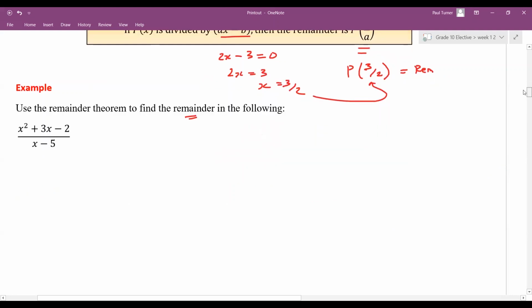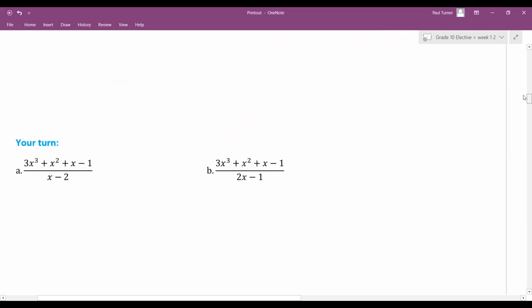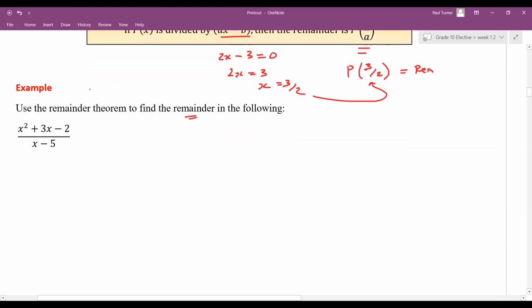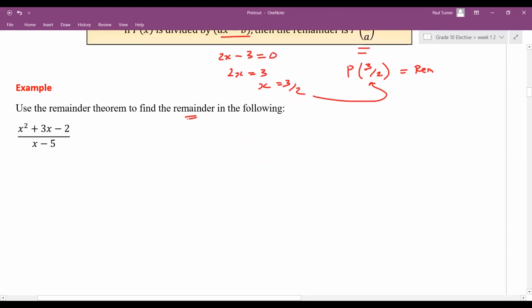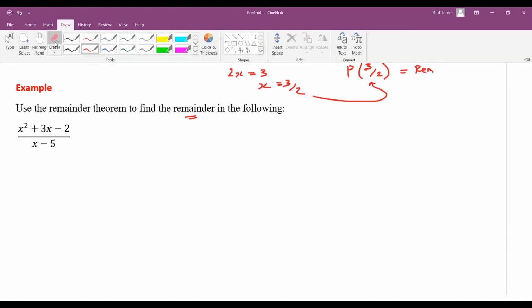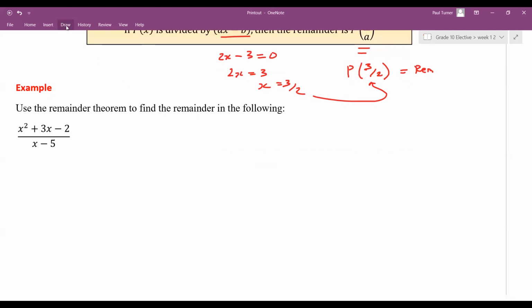So I'll do the first example, then you can do a couple down here. Hopefully you haven't done it yet, but I don't know what you're up to in the morning, so let's just clear that. So if you're dividing by x minus 5, in this case, the a value in your formula, remember your formula is x minus a, so then a must be 5.